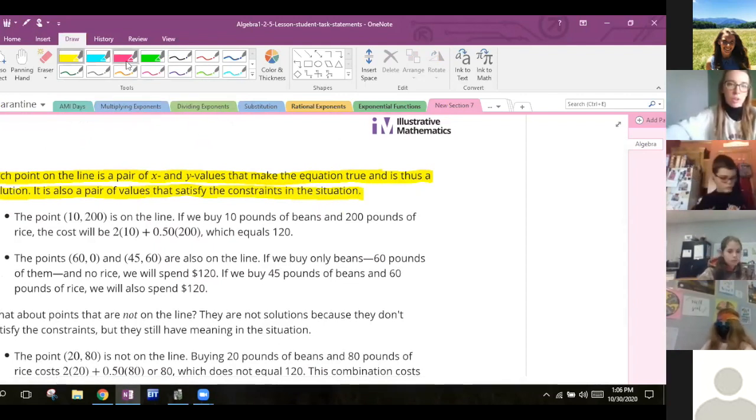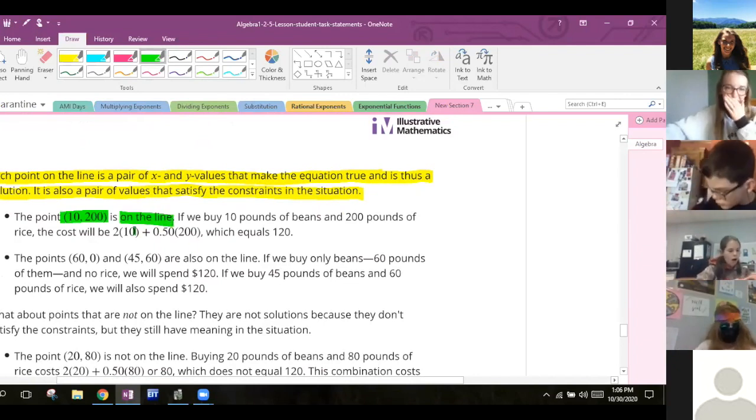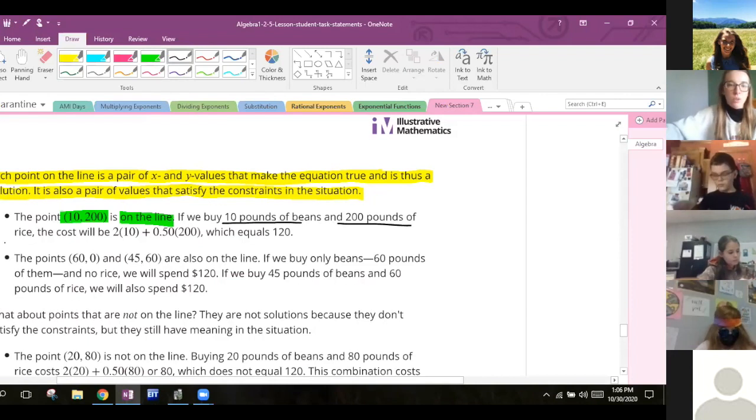So if we were to look at point (10, 200), that's on the line. Well, we already know it's a solution because it's on the line. That just means we're buying 10 pounds of beans and 200 pounds of rice. And if we plug it back into our equation, or substitute it in, it's going to equal that $120 that we're working with.